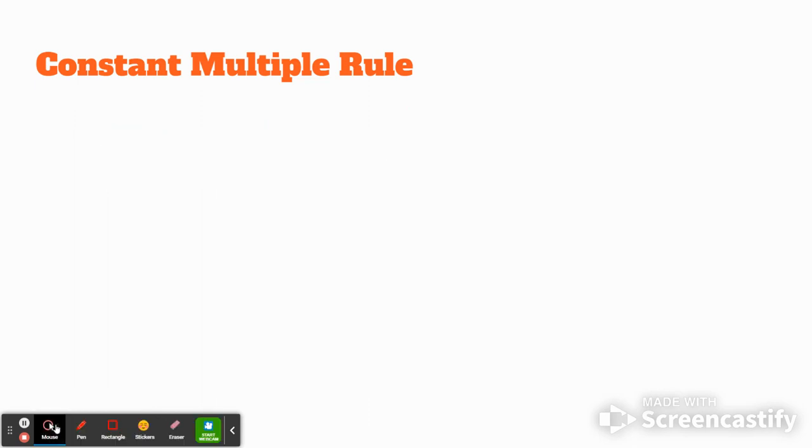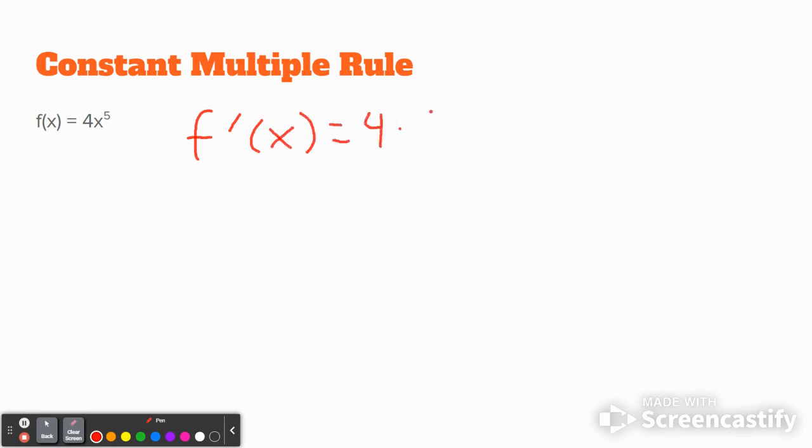Now an example is if we have a function that looks like this, f of x equals 4 times x to the 5th, f prime of x will be equal to 4 times 5 times x to the 4th, which is equal to 20 times x to the 4th.